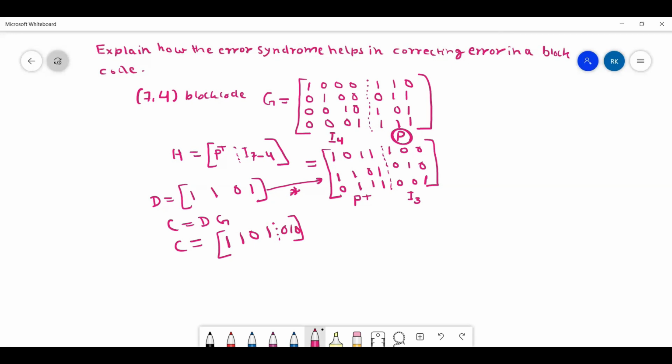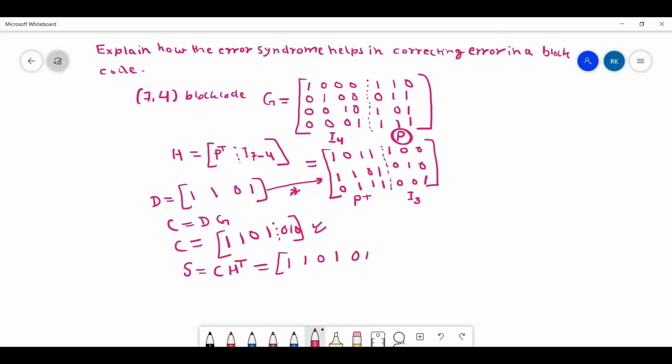Now in the last lecture we had calculated the syndrome and also discussed its effectiveness in correcting a code. So we have the syndrome S that was given by C into the transpose of this parity check matrix. C we have calculated here. We need to multiply this with the parity check matrix. The parity check matrix is this one.